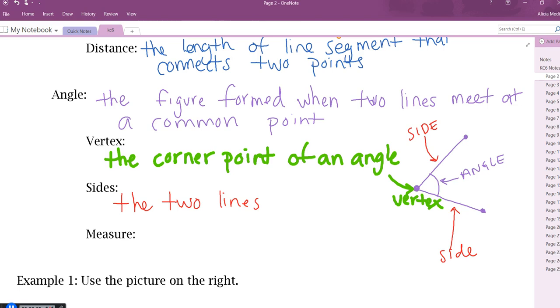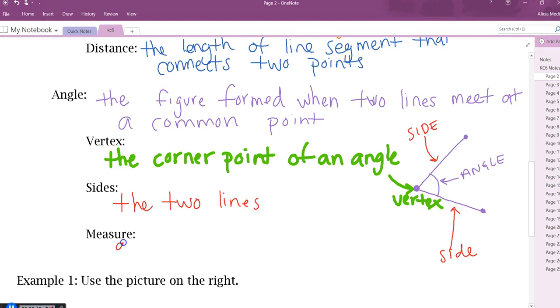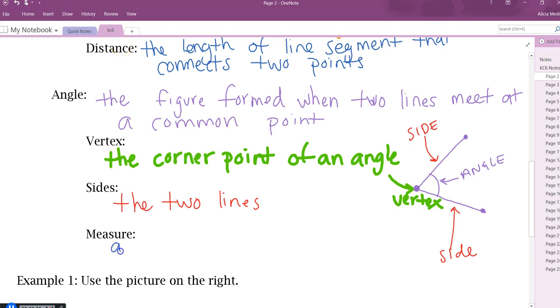The measure is the amount of degrees turned between the two sides. I want blue, please. Amount of degrees, because we measure our angles in degrees.